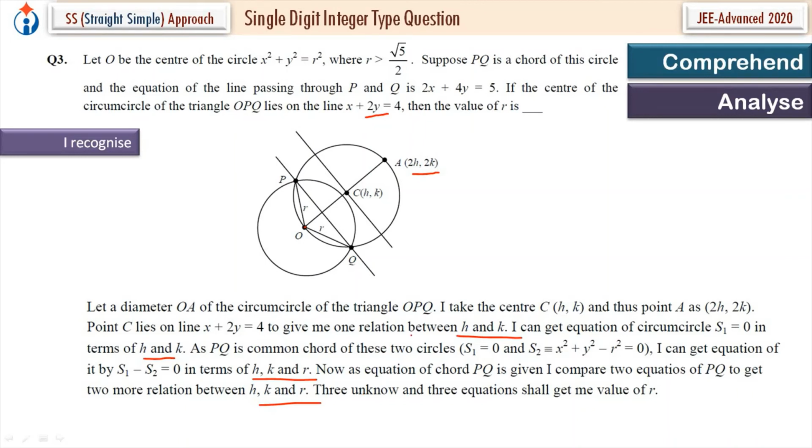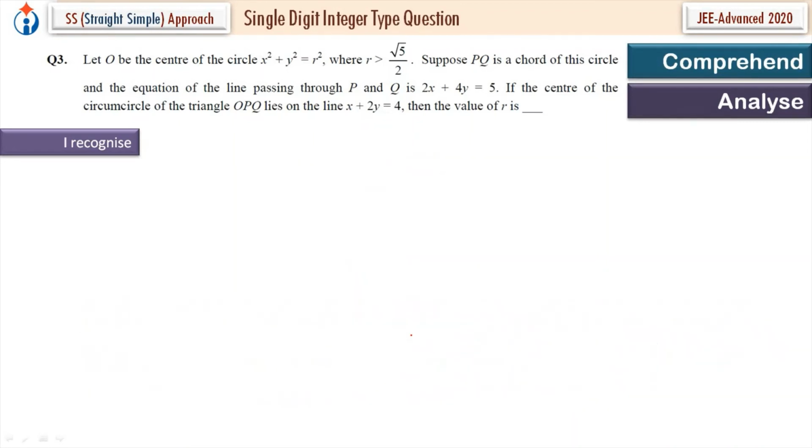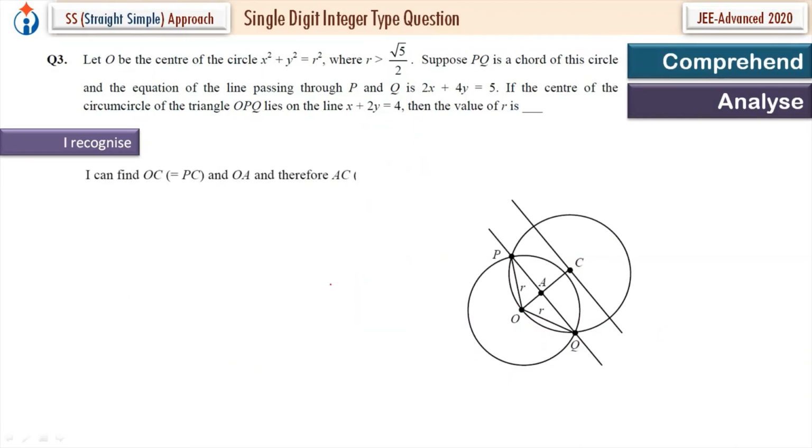Now if you look at the geometry, I recognize I can find OC, which is equal to PC, radius of the circle, and AC. How will we find OC? Equation of line is given, point is given, so I can find OC. AC, distance between the two parallel lines.